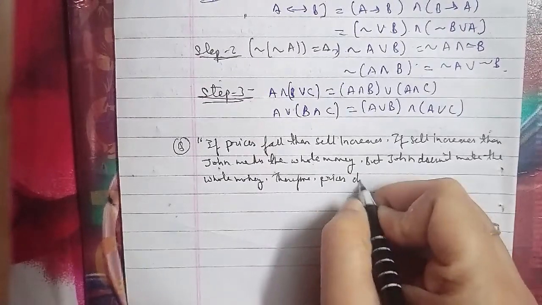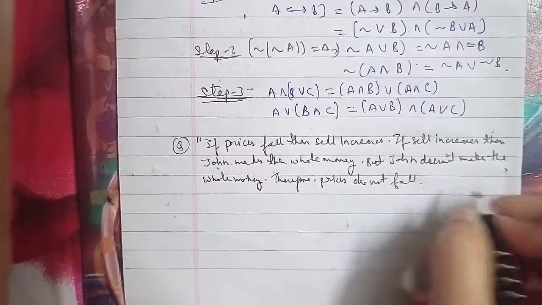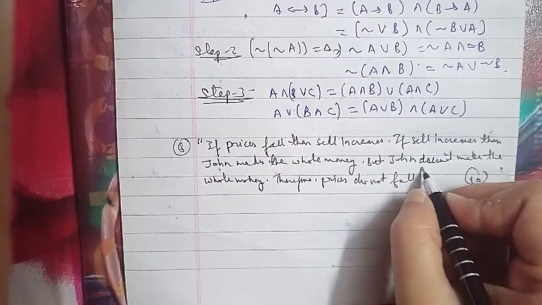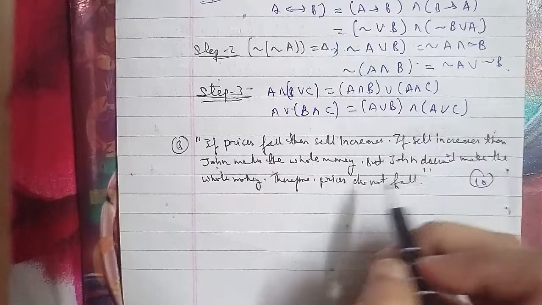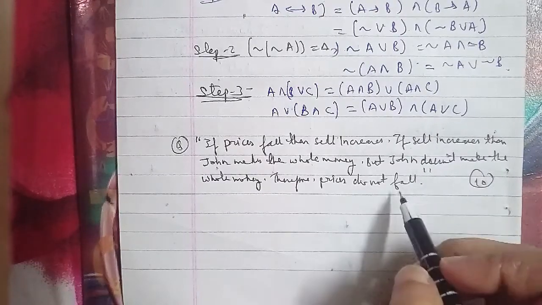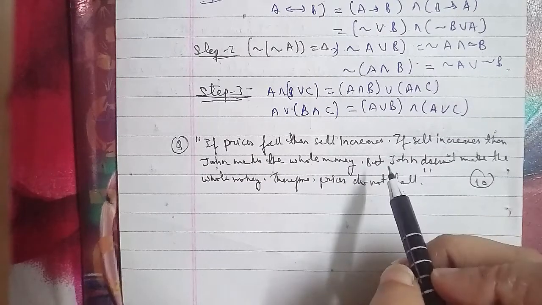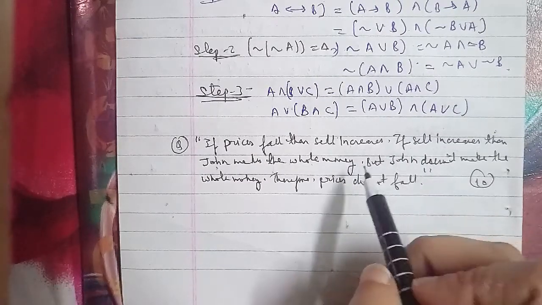Okay, so let's go ahead with this, and we have to prove it as well. If the price falls, then the sales increase, and the logical form of the sentence is if P then Q. And if sales increase, then John makes a lot of money, and the logical form is if Q then R. With the same references, we check the validity.